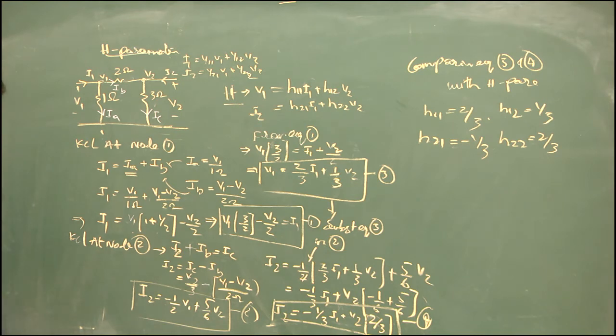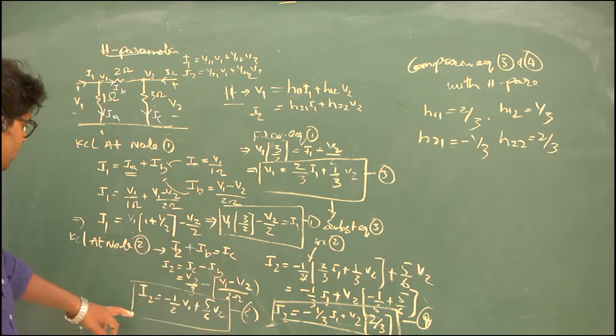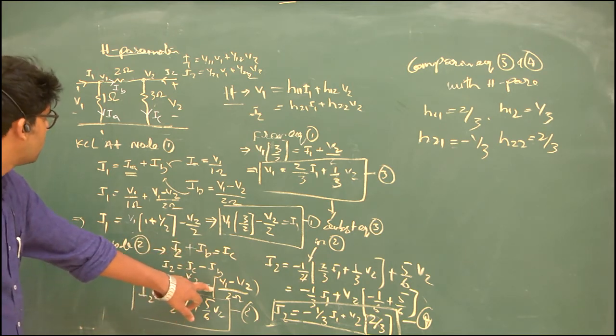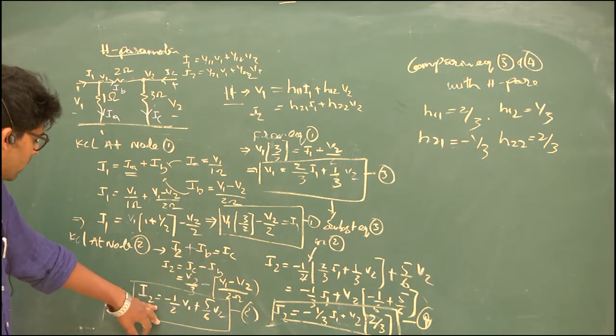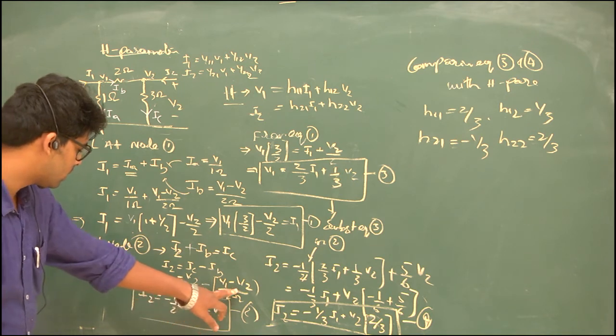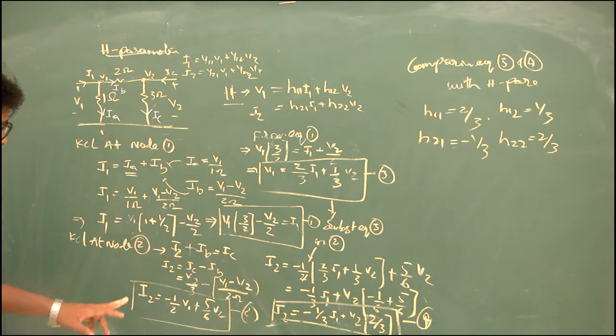After getting this, V1 minus V2 by 2 is also okay, and 2 into 3 by 2 is also fine. Now I2 equals IC minus V2 by 3 minus 1 by 2 is also fine. So minus 1 by 2 V1 plus V2 by 3 plus 1 by 2. So for V2, 6 is common: 2 plus 3, so 5 by 6 is fine.